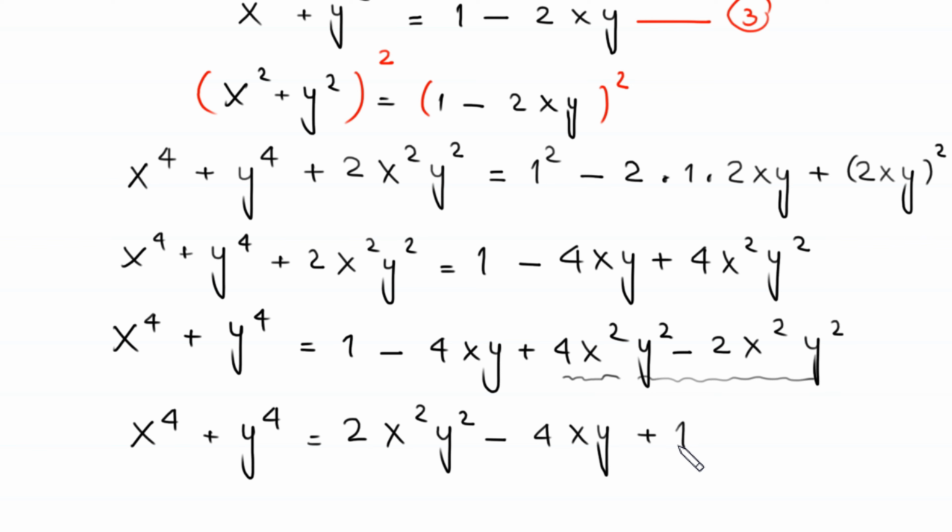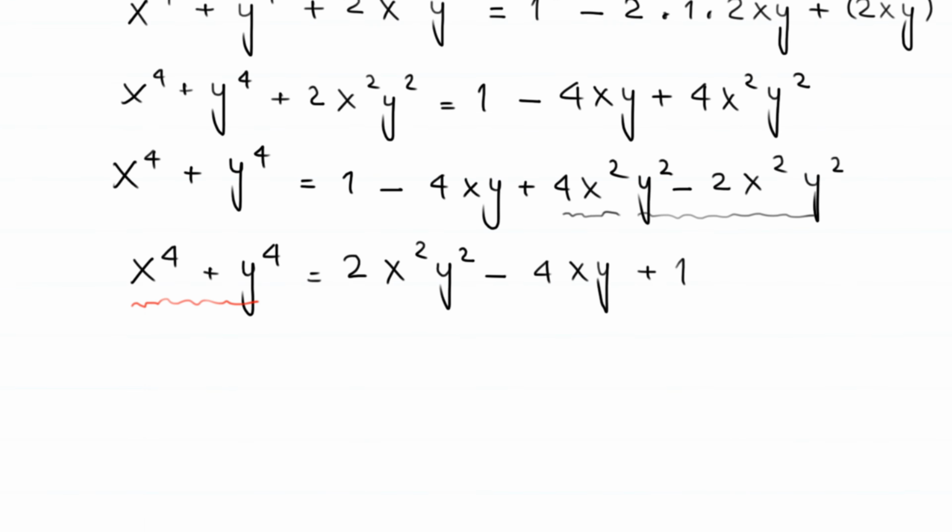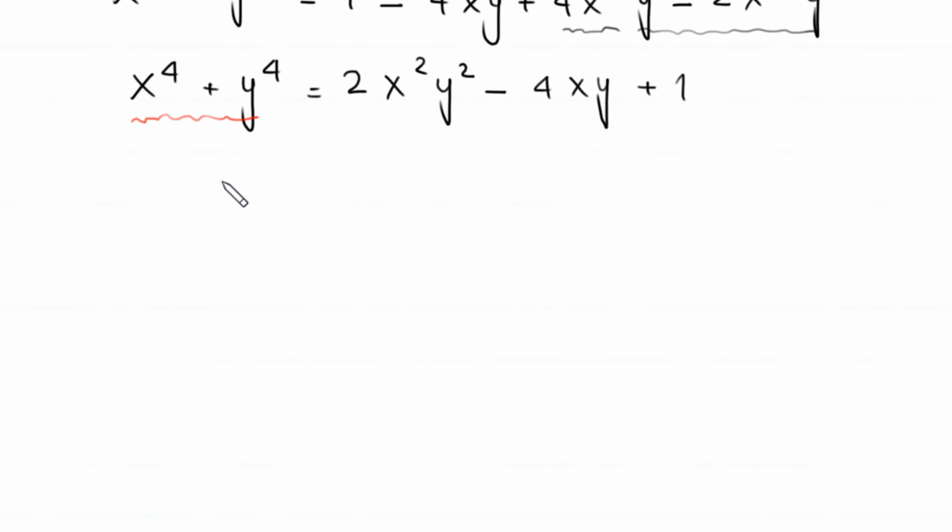Now in this equation we replace this x to the power 4 plus y to the power 4 with this value 97 from equation number 2. So this will become 97 is equal to 2x squared y squared minus 4xy plus 1, and from here we subtract 1 from both sides.